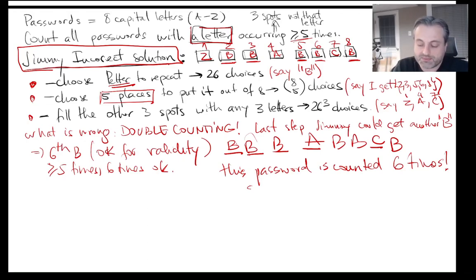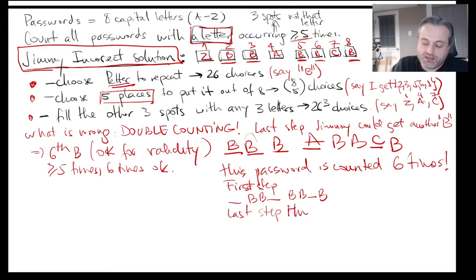It's counted 6 times, but I only list 2. I could have, in the first step, the B's like I had, and then in the last step the first B.